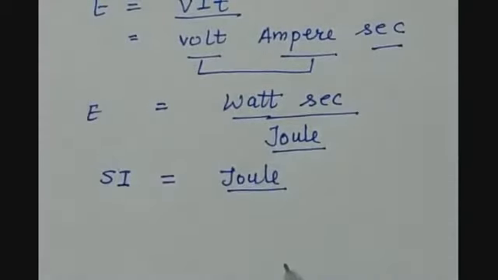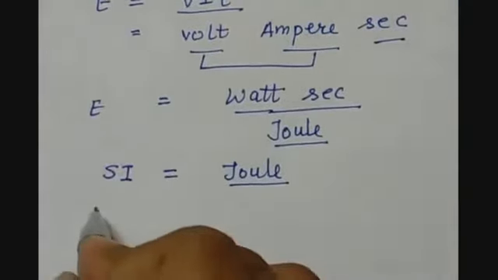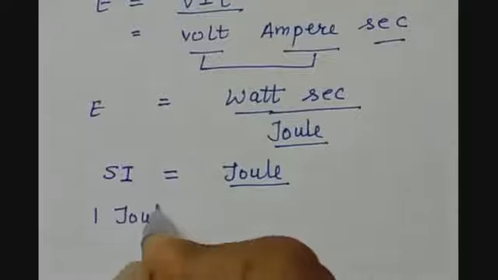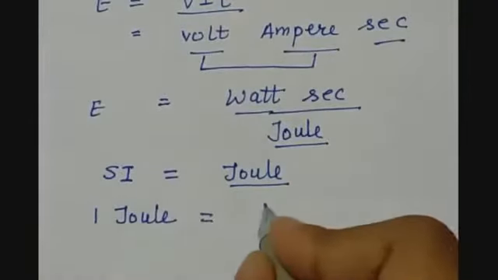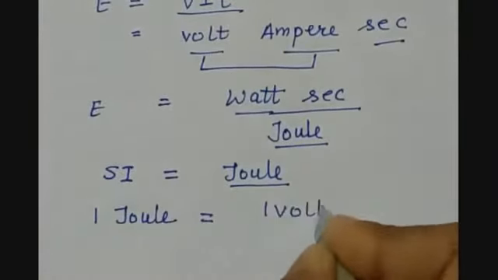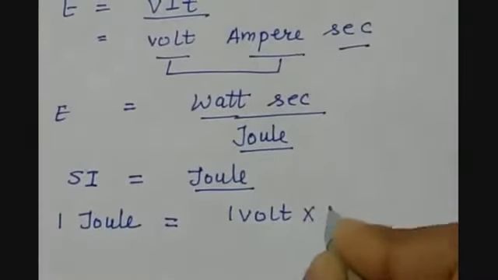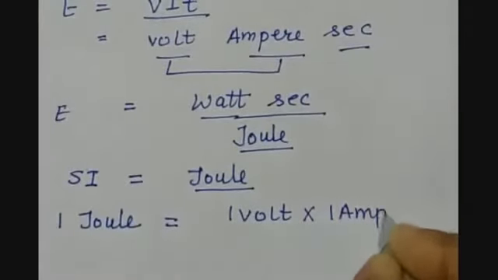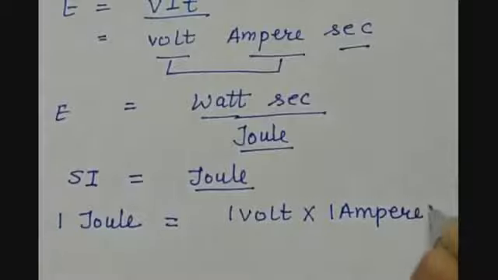If we have to define 1 joule in electrical energy, then we can say that electrical energy will be 1 joule if 1 volt potential difference is applied and 1 ampere of current is flowing through the circuit for 1 second.